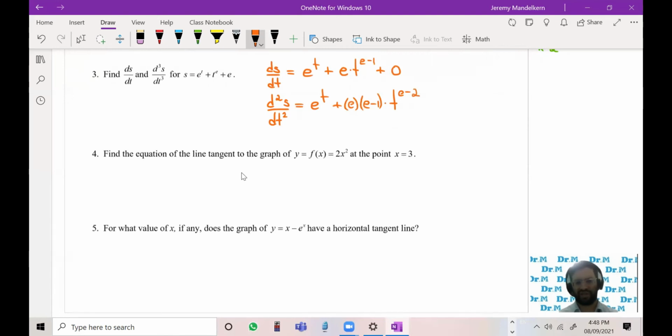And finally, we can put what is the last of the derivatives needed. So this is d cubed s/dt cubed. And we'll get e to the t plus, you guessed it, e times e minus 1 times e minus 2 times t to the e minus 3.